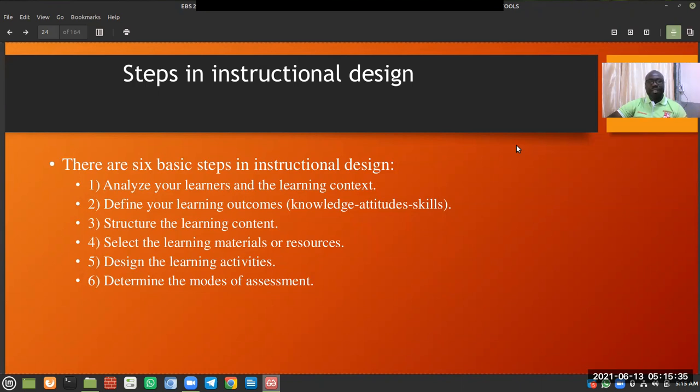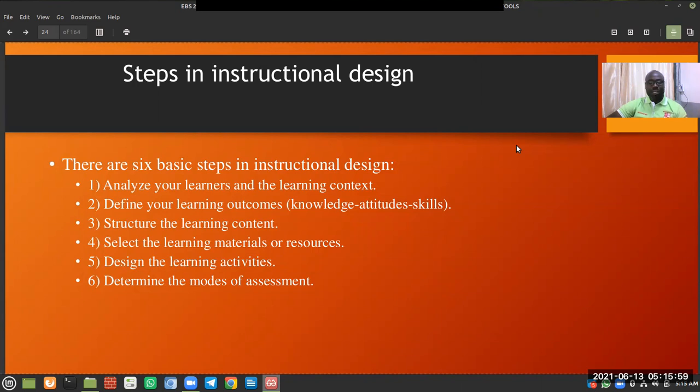The first step, for instance, is to analyze your learners and the context in which the learning is supposed to take place. We cannot have a lesson that is designed without thinking of the particular group of learners that are supposed to partake in that learning activity.